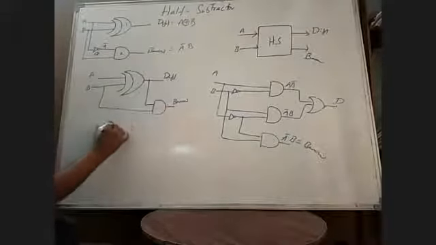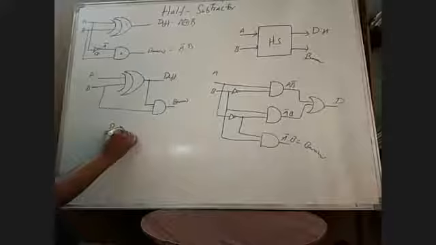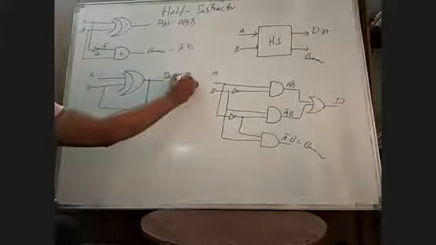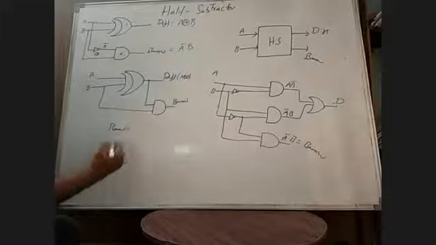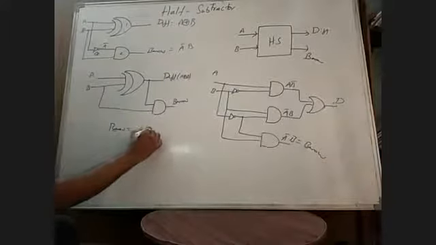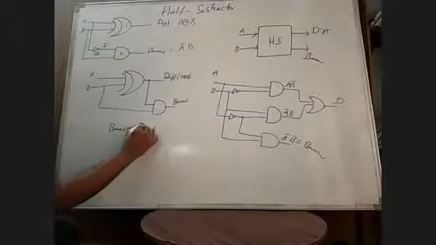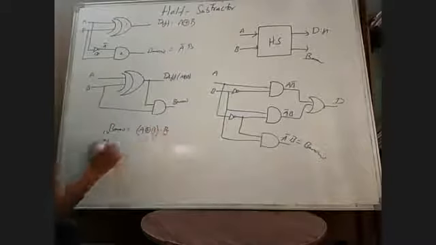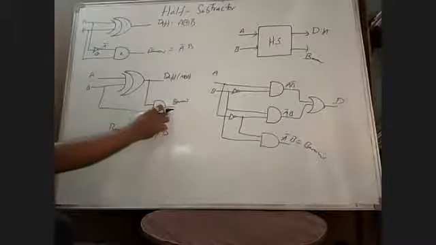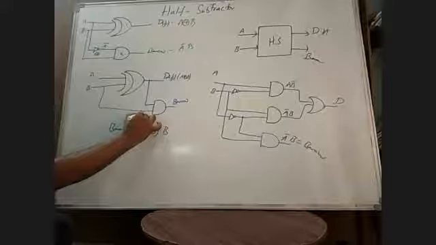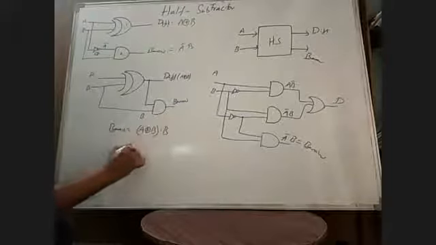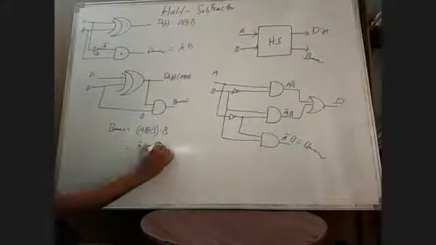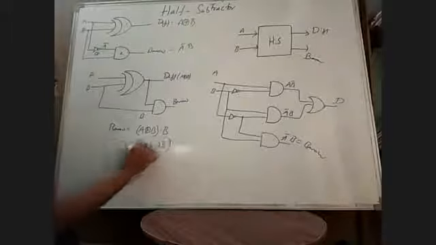Borrow equals the difference output, A exclusive or B, multiplied by B. It is an AND gate, so one input is B and the other input is A exclusive or B. Now expand this: A bar B plus A B bar, multiplied by B.